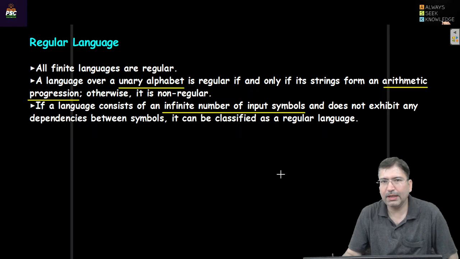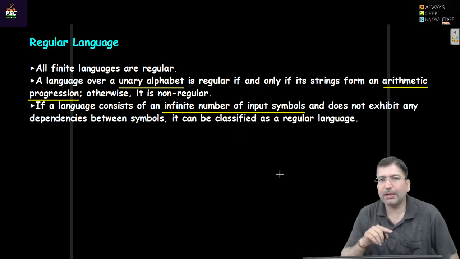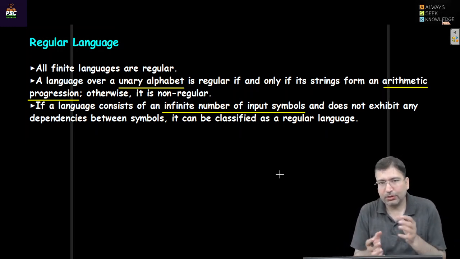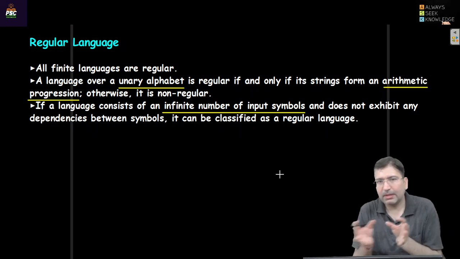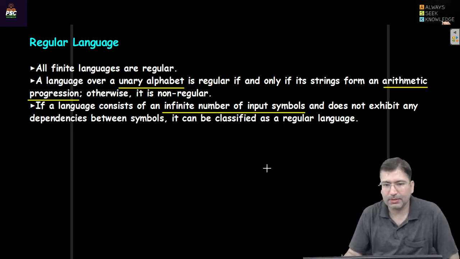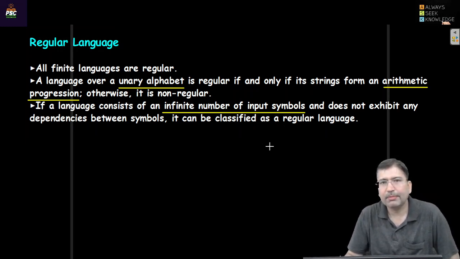It should not be like A should come n times, B should come n times, or A is coming n times and B should come 2n times. There should not be relationships between the different symbols. If so, then we can claim the language as regular.